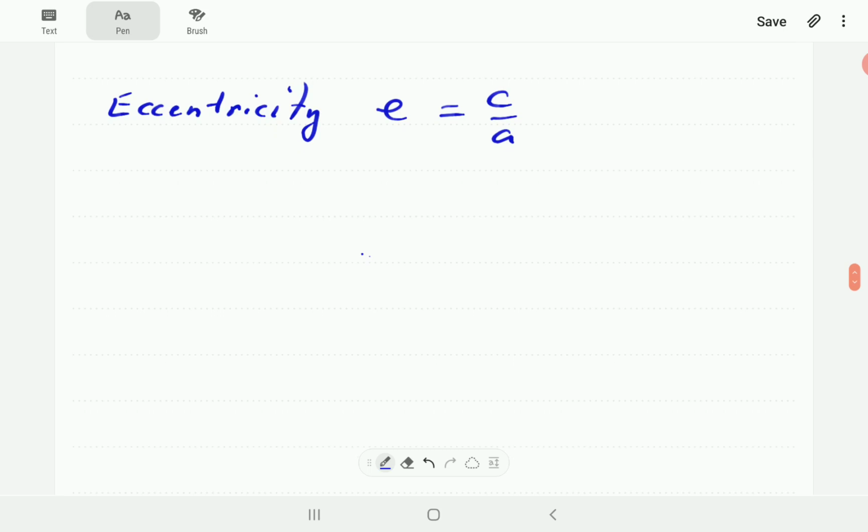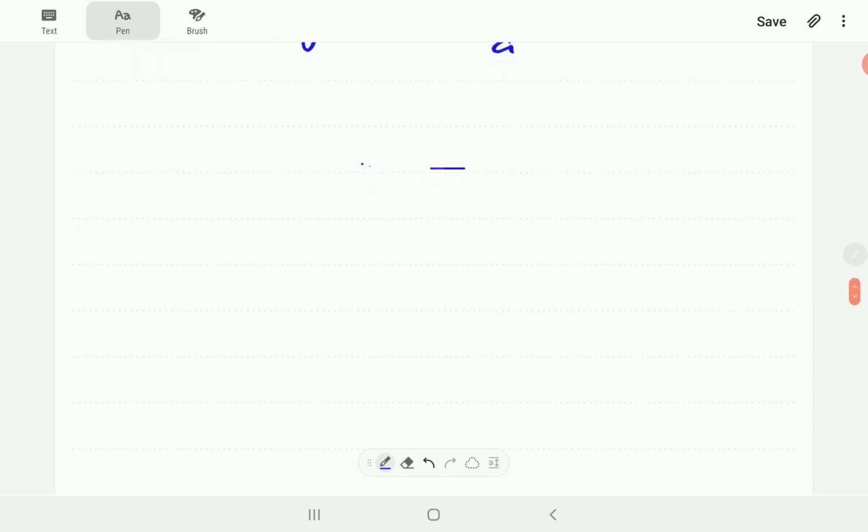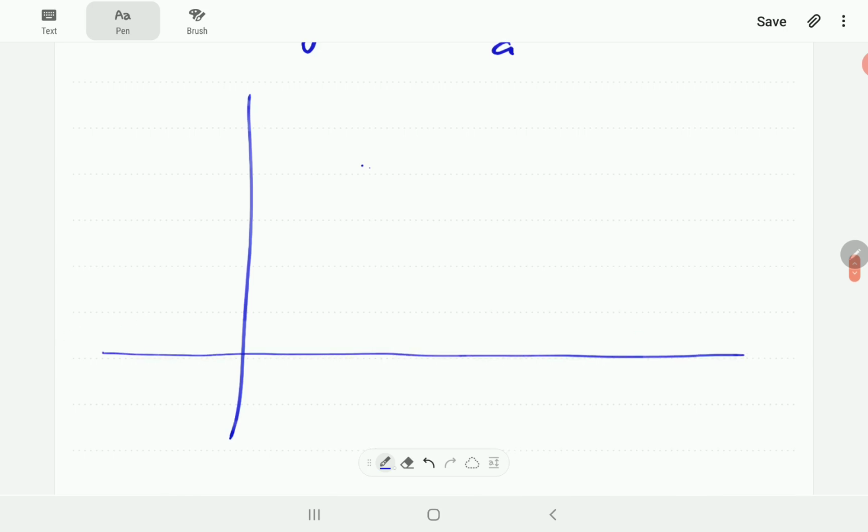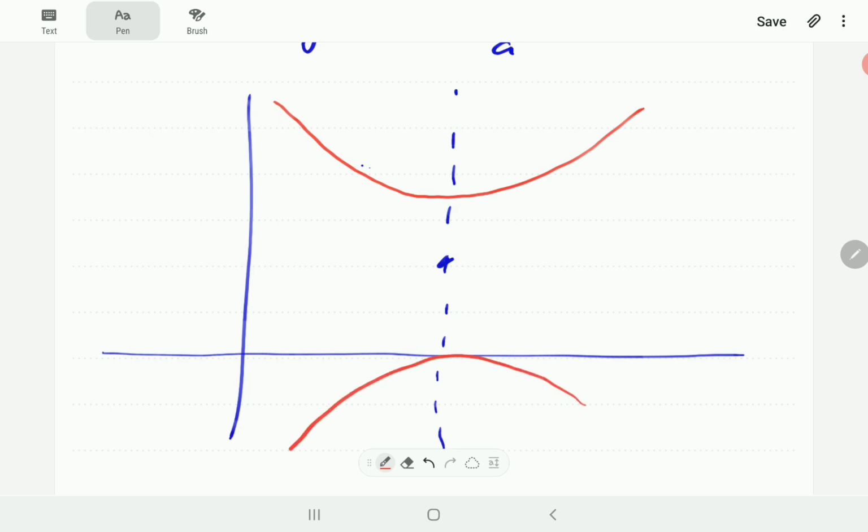Now for the case where the transverse axis is vertical, I'm just going to take the case where the hyperbola is centered away from the origin at (h, k). So if this is the center and our hyperbola this time is looking like this, the asymptotes are going to go something like that.